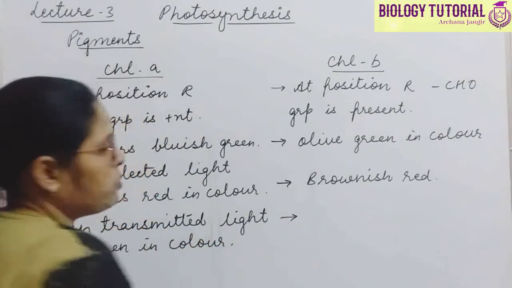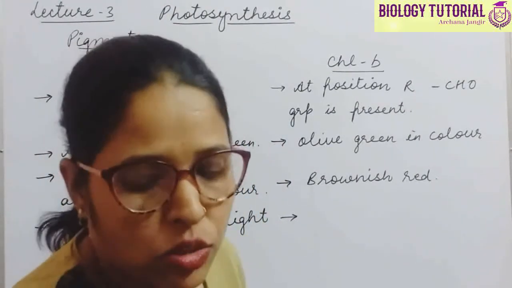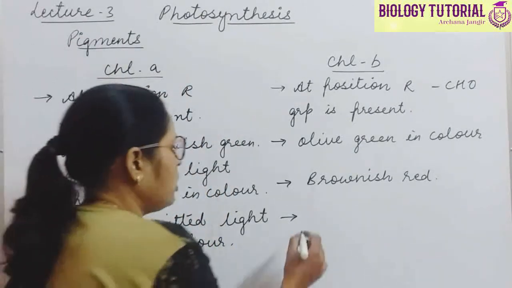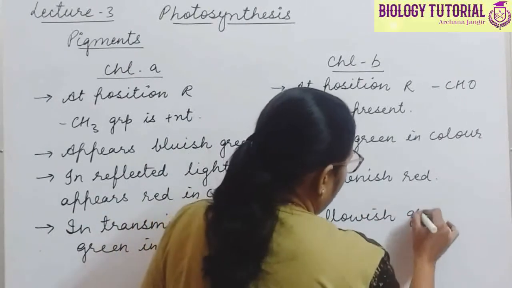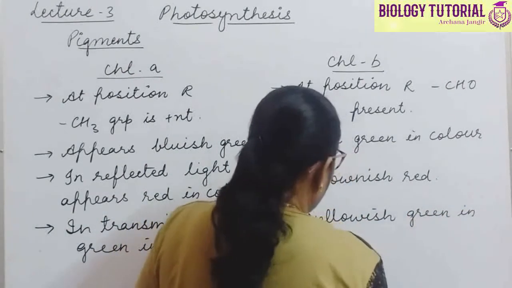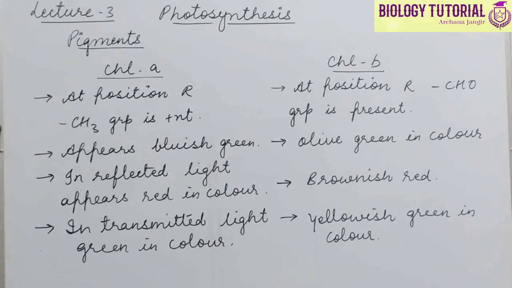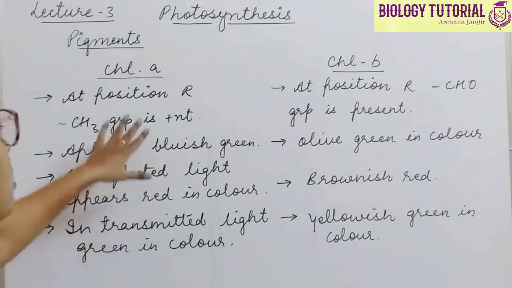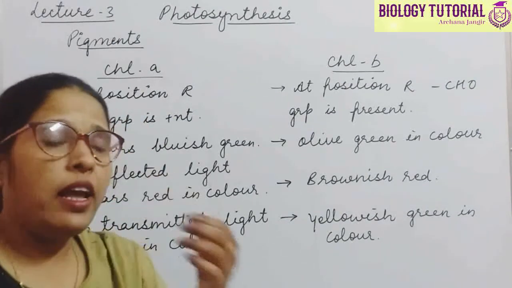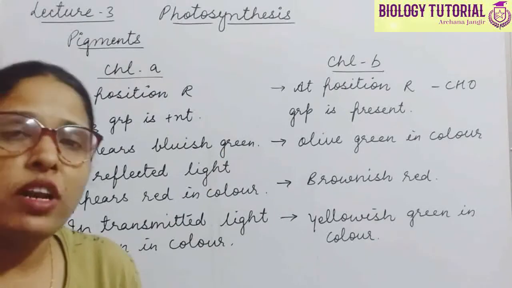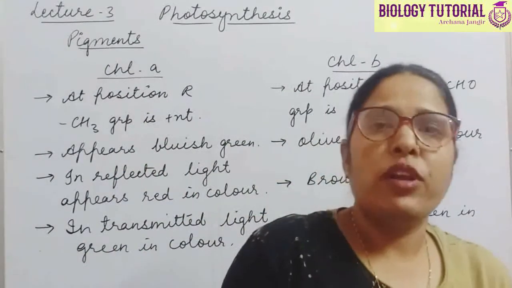And in transmitted light, chlorophyll B appears yellowish green in color. So these are the important differences between chlorophyll A and chlorophyll B. Clear? The major difference is this functional group. At position R, methyl group is present in chlorophyll A and aldehyde group is present in chlorophyll B. Clear?